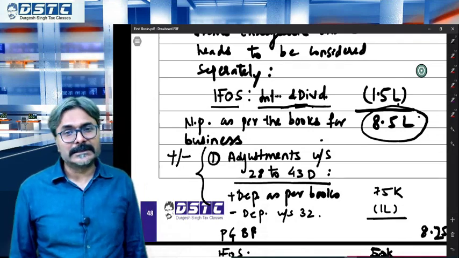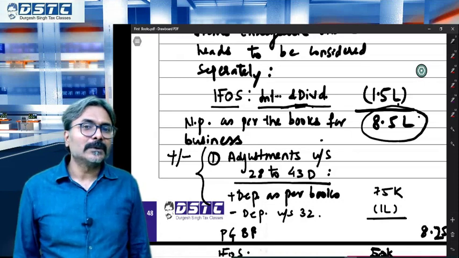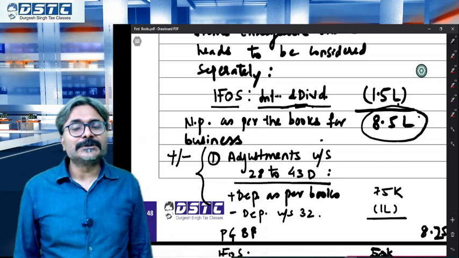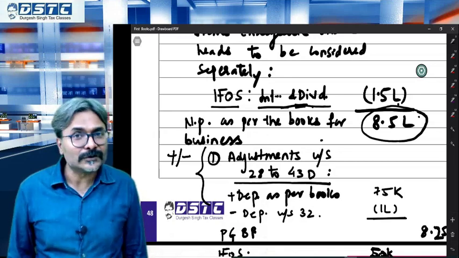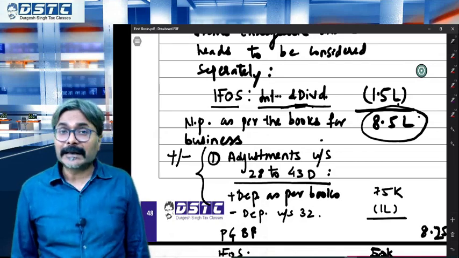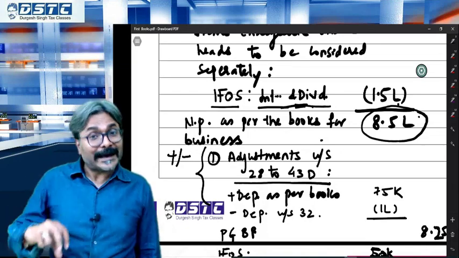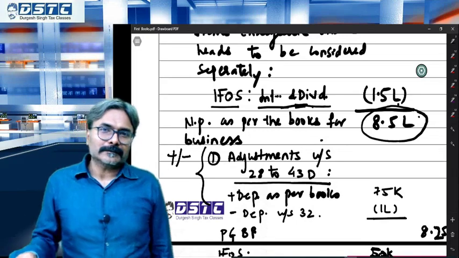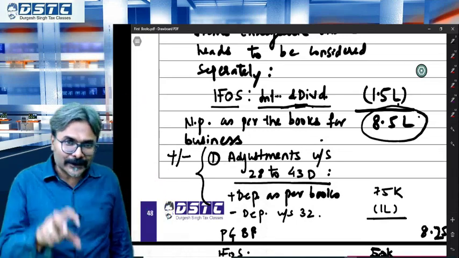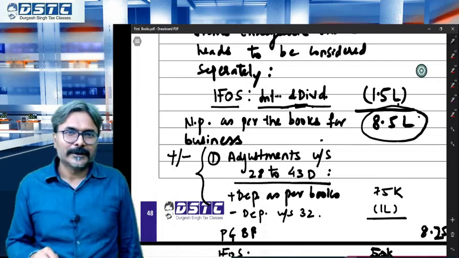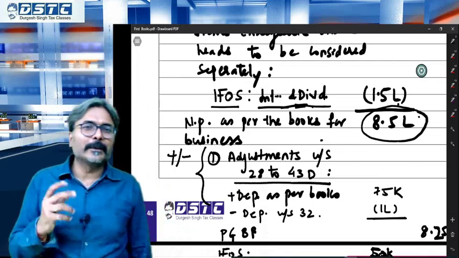And therefore, students, the point we are discussing is that the items under the head house property or the head capital gains, we are actually computing right from the first value till the last value. That is the actual computation that we are doing.